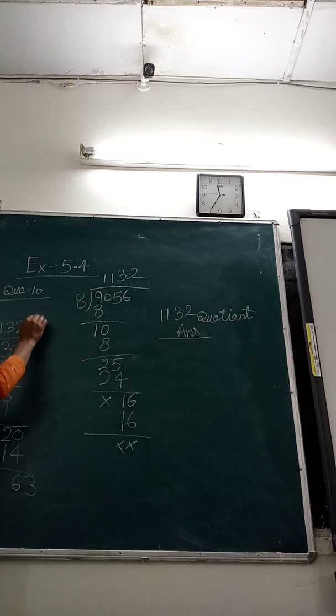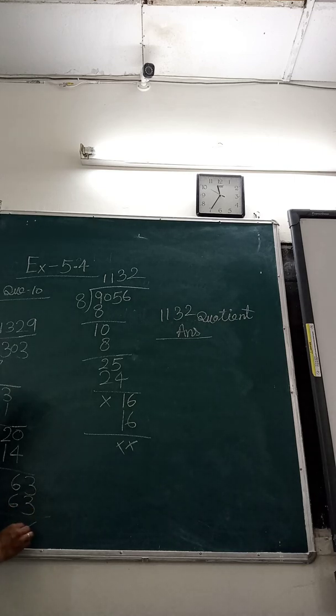Seven nines are 63. Then your answer will be 1329 of question number 12.